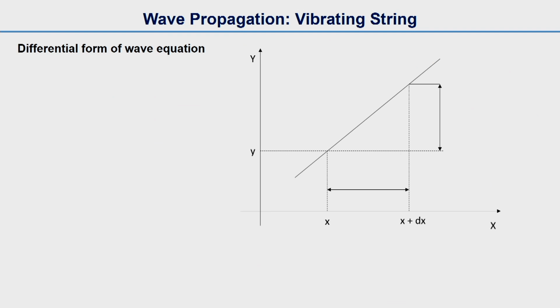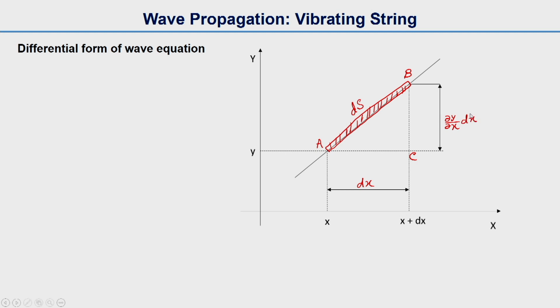So this entire portion is the segment ds of that string, and let us say this is point A, this is B, and for our reference we are putting this as C. So the x direction length of the segment is dx, and the y direction length we can get as the partial of y with respect to x multiplied by dx.